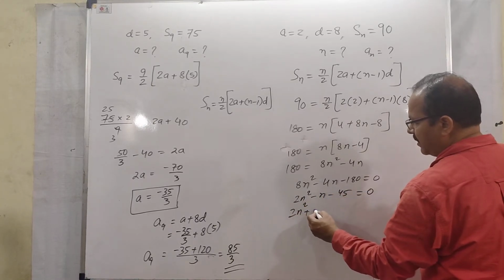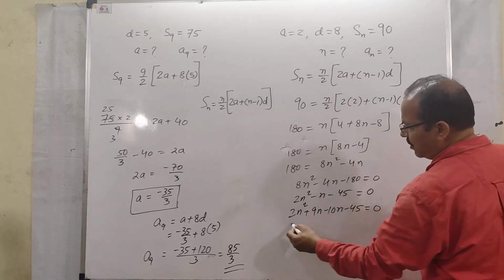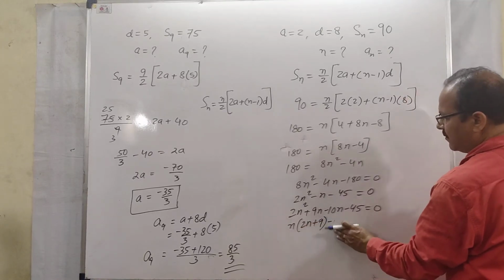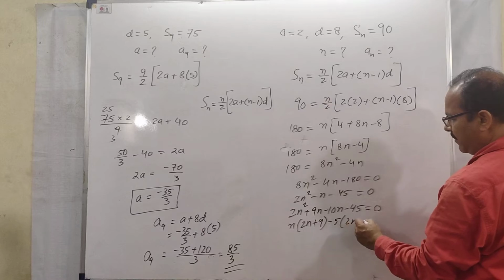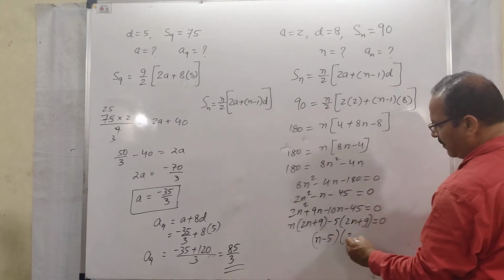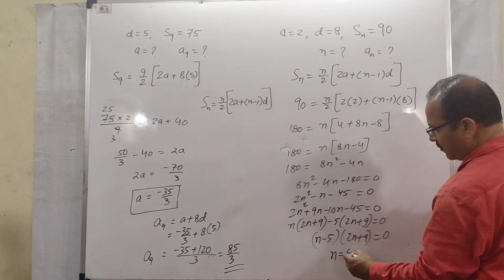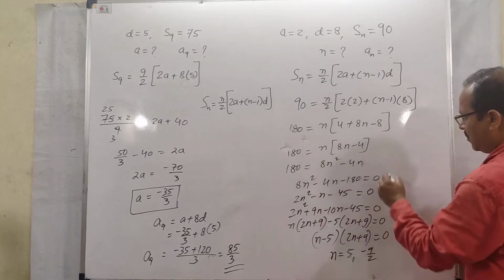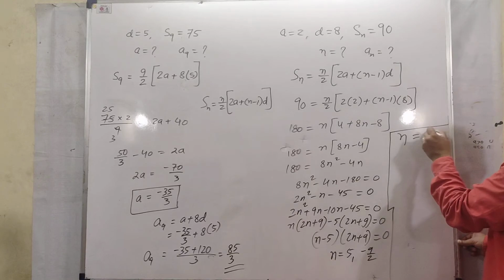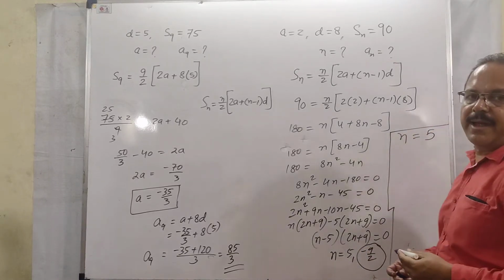Splitting the middle term, 2n square minus 10n plus 9n minus 45 equals 0, so (n minus 5) and (2n plus 9) equals 0. So you are getting the value of n equal to 5 and minus 9 by 2. The value of n is 5 we will take. Minus 9 by 2 cannot be the value of n.